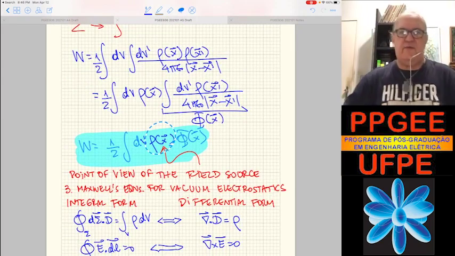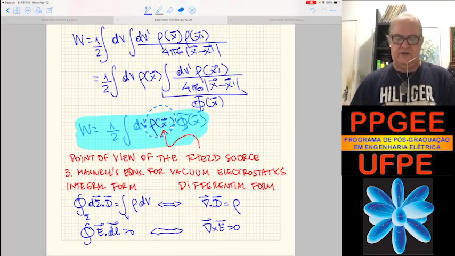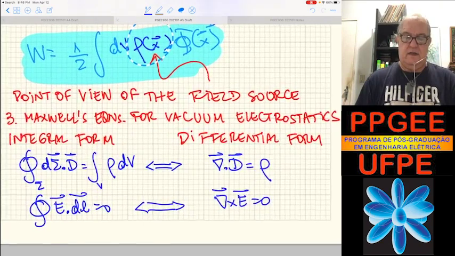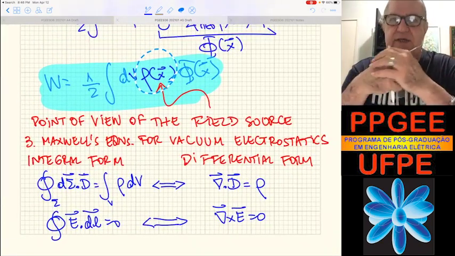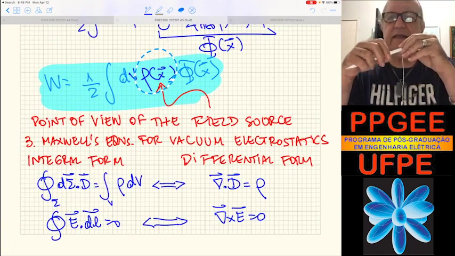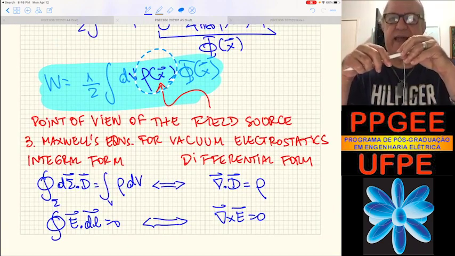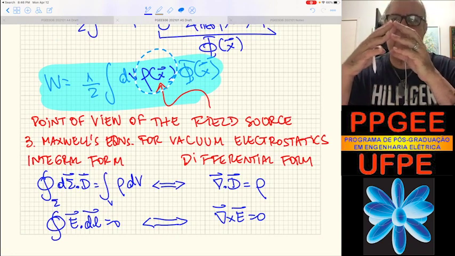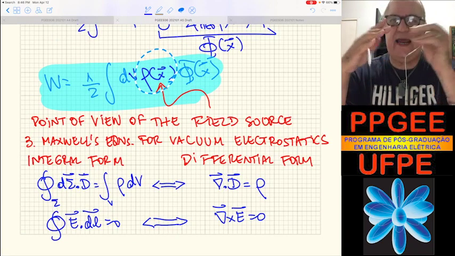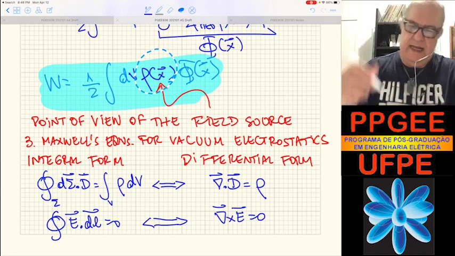Let's move to the final part of the lecture today. We now have all the formulation that is required for establishing Maxwell's equations for the particular case of electrostatics in vacuum.